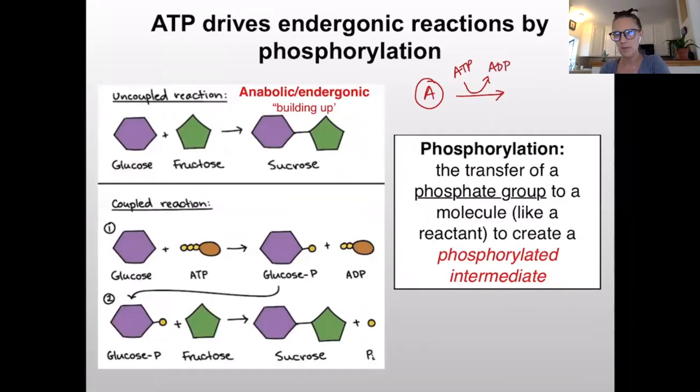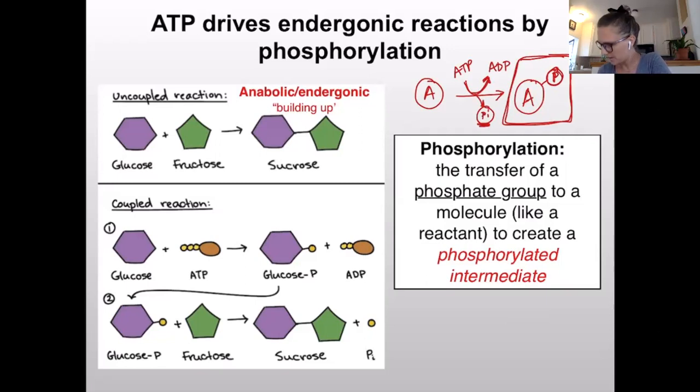ATP is going to turn to ADP, and now we create a molecule called a phosphorylated A. This phosphorylated A got that phosphate group from the inorganic phosphate that was released when ATP was hydrolyzed. So ATP gets broken down, you get the release of energy, and you also get this inorganic phosphate. That inorganic phosphate got put onto this protein, so that's called a phosphorylated protein.